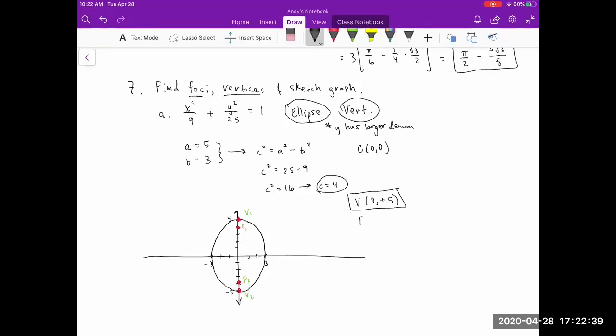So the foci I'll label as 0, plus or minus 4. So it's having that understanding that the distance from the center, 0, 0 in this case, to a vertex is a, which is 5, and the distance from the center to a focus is c, which in this case is 4. All right, so that was it for A.